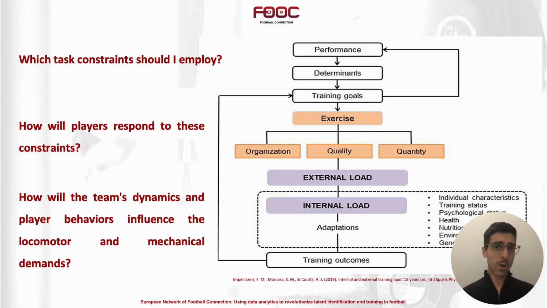And based on our objectives for the task and for the training session, we start thinking about how to achieve these objectives through manipulation of task constraints. So we have these task objectives, so let's build up the training exercise starting from the typology of the exercise, and also the training regimen that we will build.